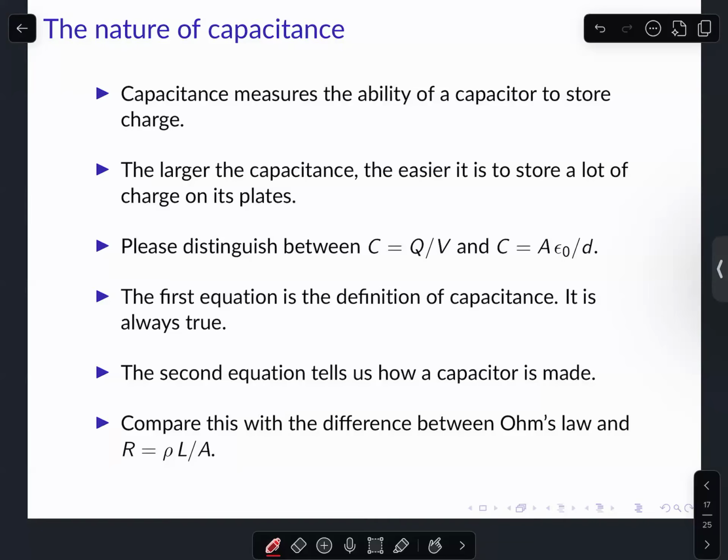Capacitance equals charge per volt. That is to say that there is a linear, a proportional relationship between charge and voltage in a capacitor. This is an always true statement. This is a universal law. It's a definition. Compare, by the way, Ohm's law, V equals I times R. There is no resistor that does not obey V equals I times R. We talked about a prism cross-section resistor has an equation: resistance equals resistivity times length divided by area.